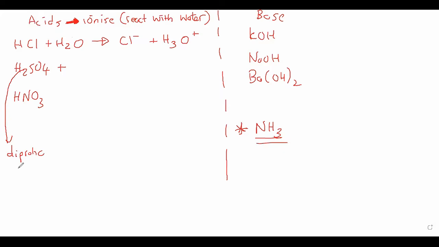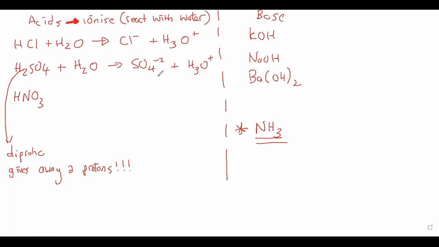What does that mean? It means that it gives away 2 protons. So it's going to react with the water, and then you're going to end up with SO4 minus 2 plus H3O plus like that.